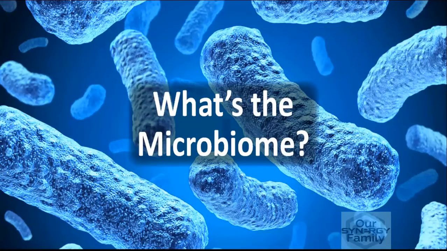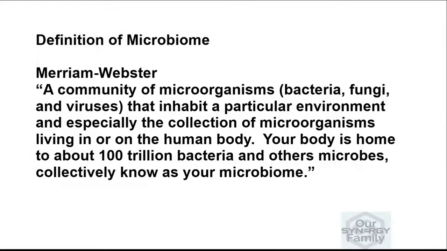Now, you might be wondering, what is the microbiome? Well, according to Merriam-Webster, your microbiome is, quote, a community of microorganisms, bacteria, fungi, and viruses that inhabit a particular environment, and especially the collection of microorganisms living in and on the human body.